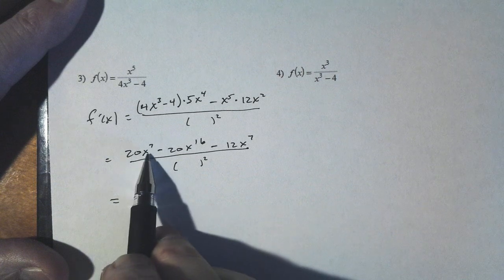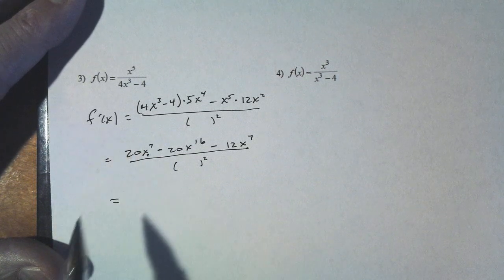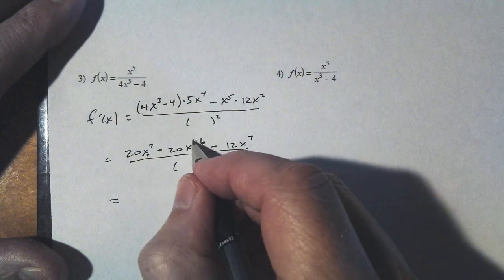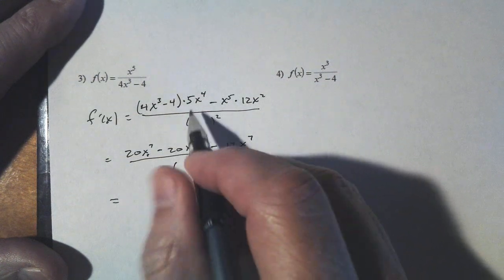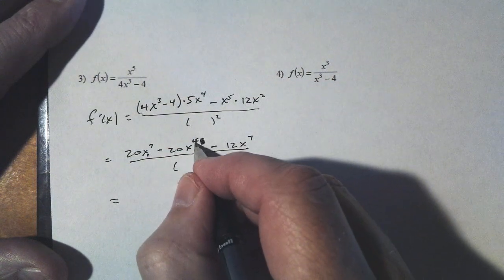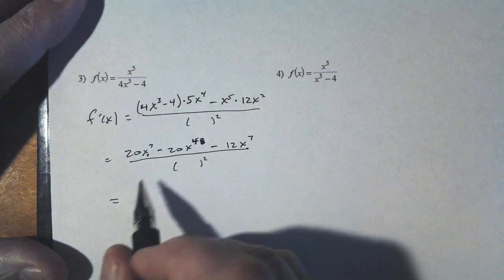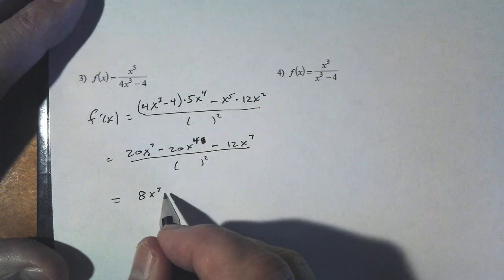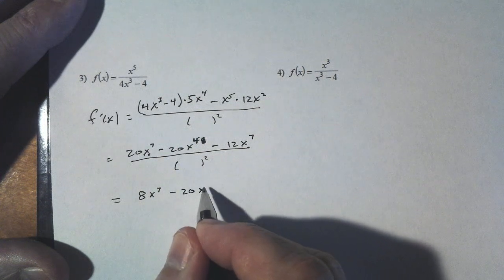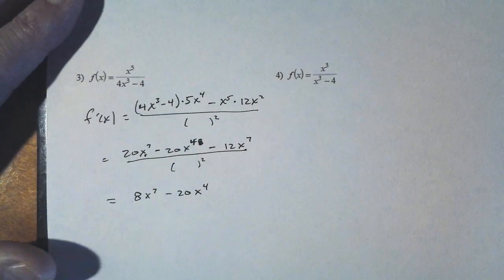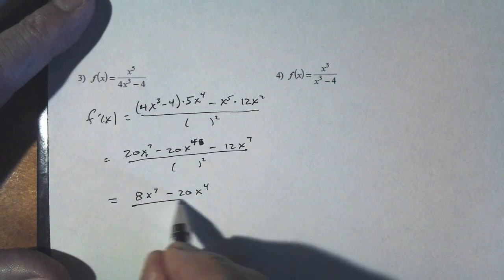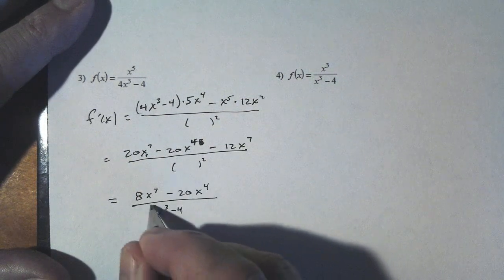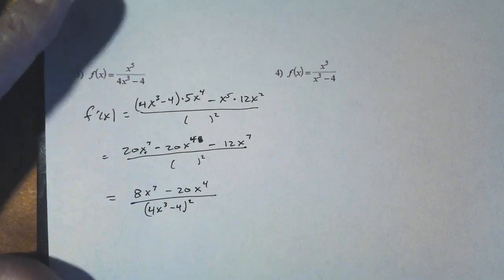For final answer, x to the 7th, I've got, did I seriously have a 16th here? What happened there? I have no idea. 20x to the 4th. 7ths, I've got 8x to the 7th minus 20x to just the 4th, all on the square of the thing below, 4x cubed minus 4 squared.